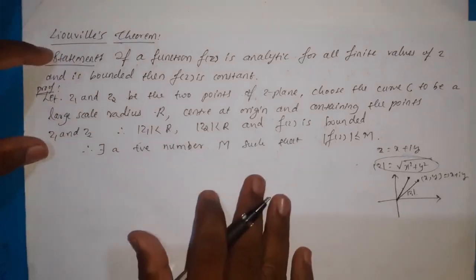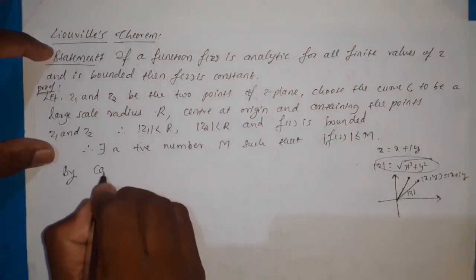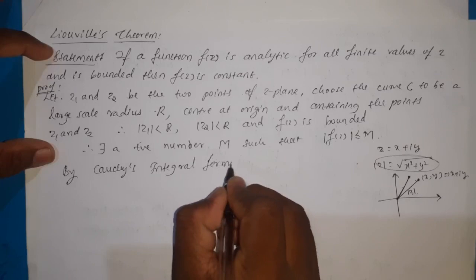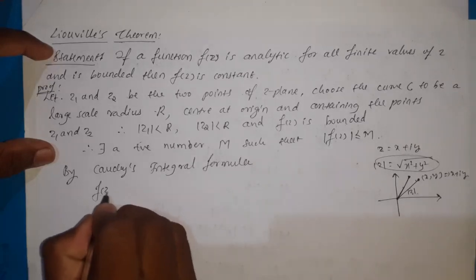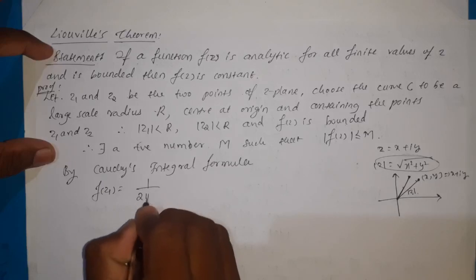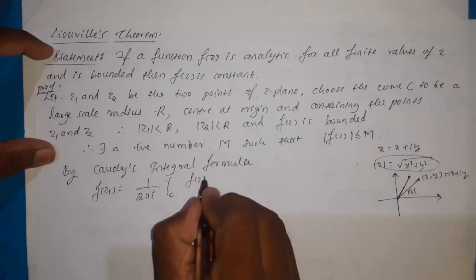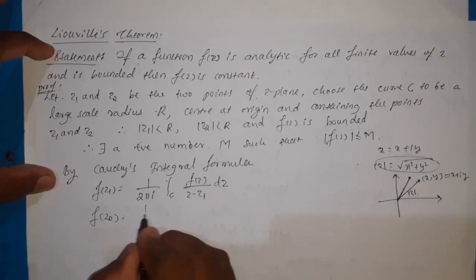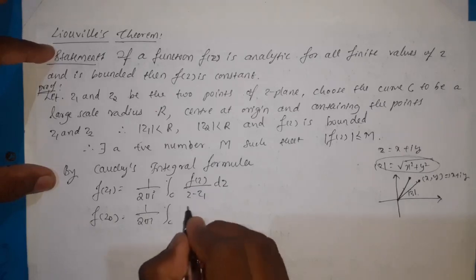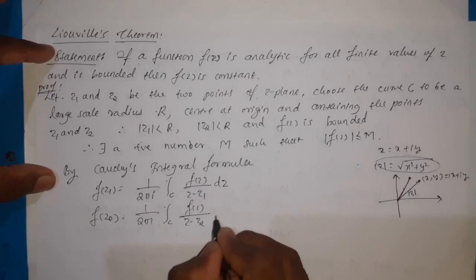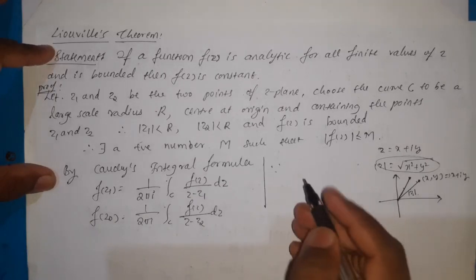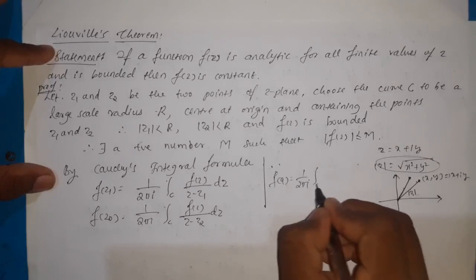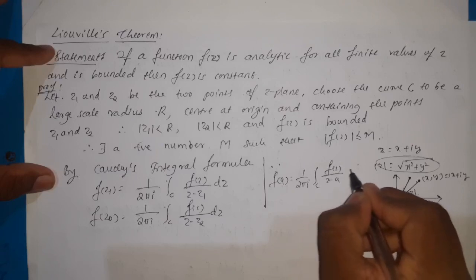Now, by Cauchy's integral formula, f of z1 is equal to 1 divided by 2 pi i integration over C f of z by z minus z1 dz, and f of z2 is equal to 1 by 2 pi i integration over C f of z divided by z minus z2 dz, because Cauchy's integral formula is f of a equal to 1 divided by 2 pi i integration over C f of z by z minus a dz.